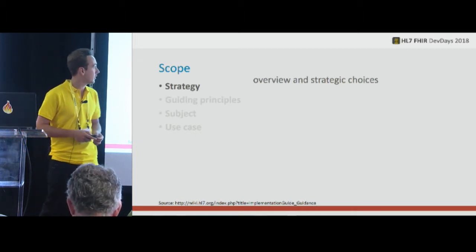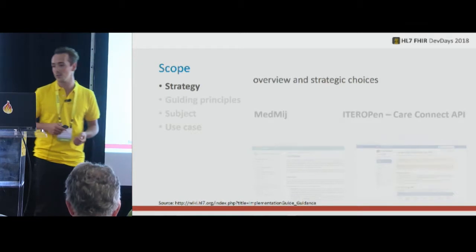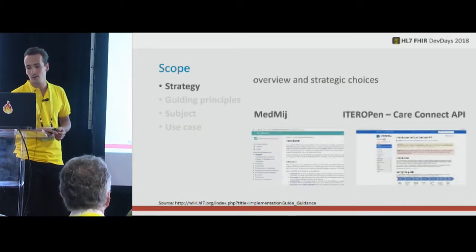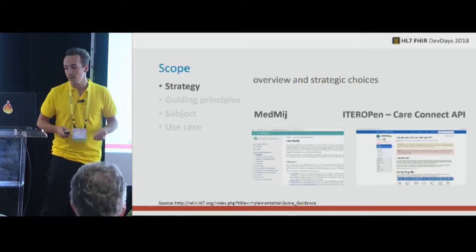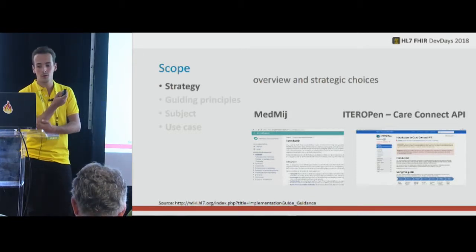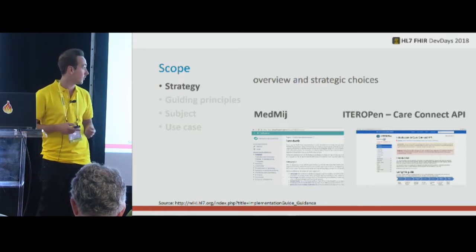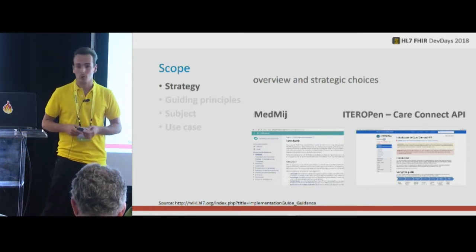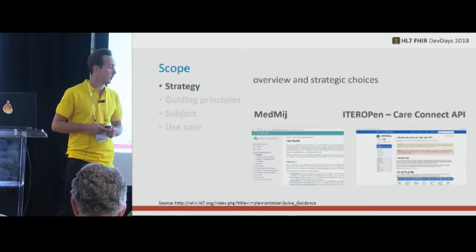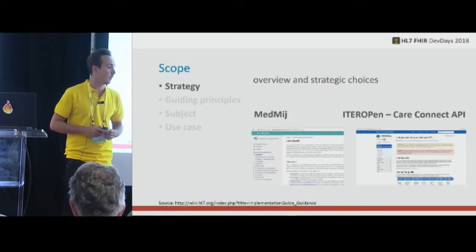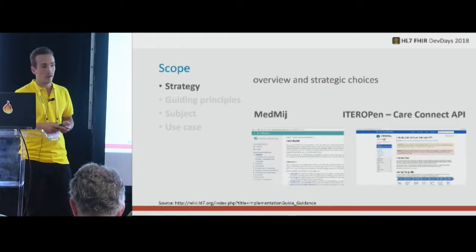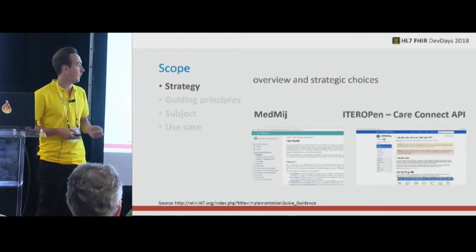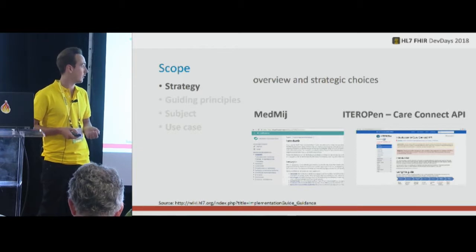At first you have the strategy-based implementation guides, which are most likely national IGs, very big. They give an overview, and most of the time they have made strategic choices. For example, we have the Nictiz implementation guide, which has a very big central guide with a lot of information about architecture, security, and privacy, and it references more specific guides for implementing certain use cases.